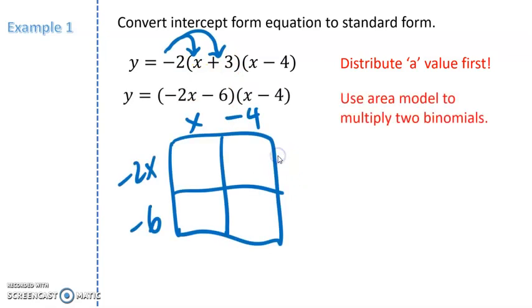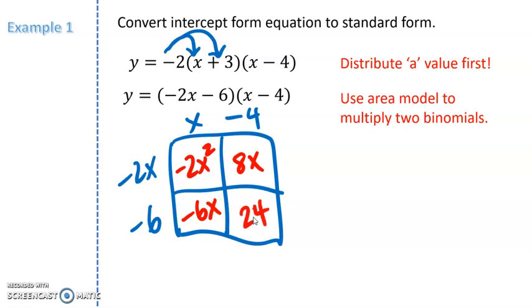If we distribute that -2, we're going to get -2x minus 6, and we still have to multiply this binomial times x minus 4. We can do that using the box method, which is the area model. When we do that, -2x times x is -2x squared. -2x times -4 is 8x. -6 times x is -6x.